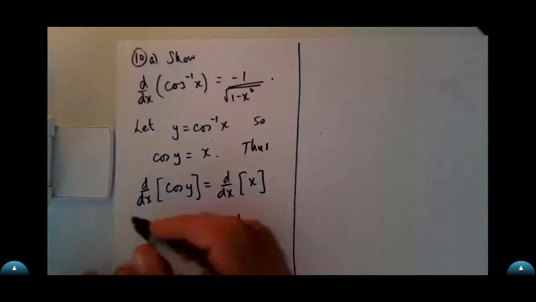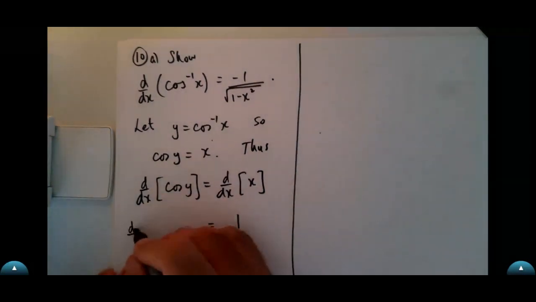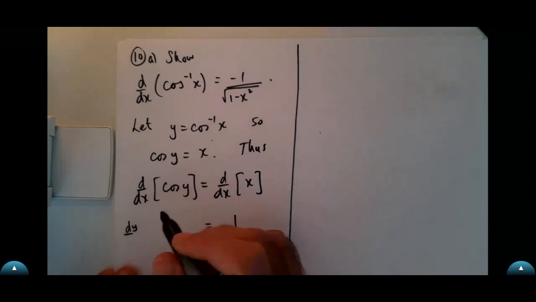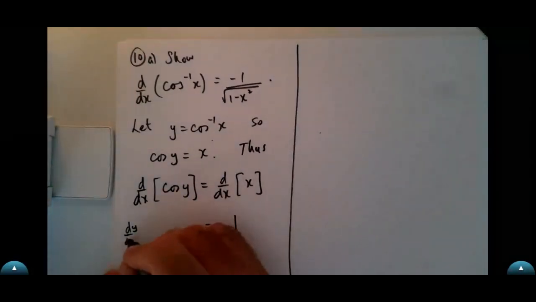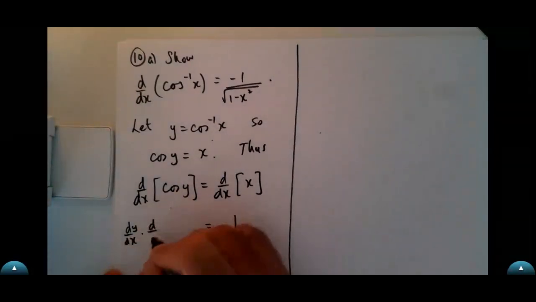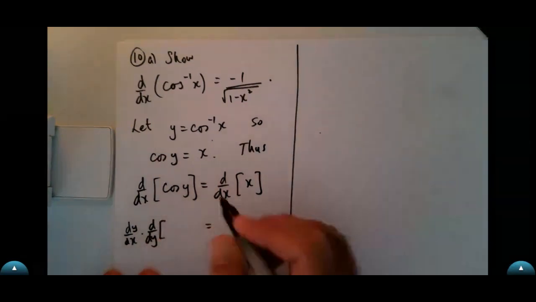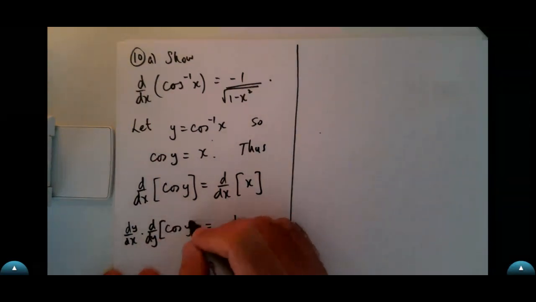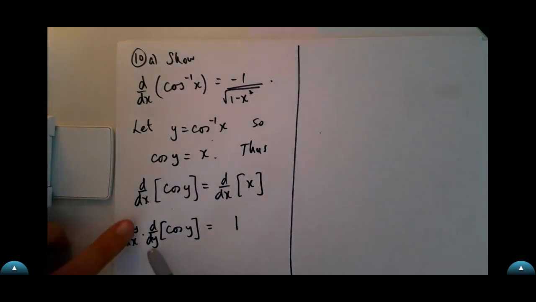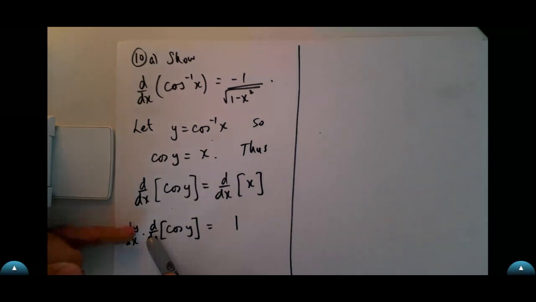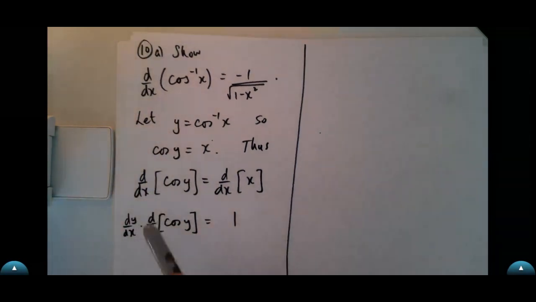Now over here, I can introduce the chain rule and then differentiate with respect to y. So you can see what I've done there. You can think of these dy's as cancelling out, yeah? Okay, so that's the same as d dx.